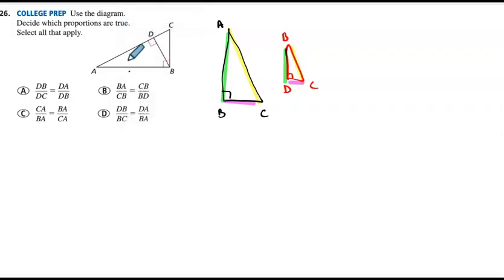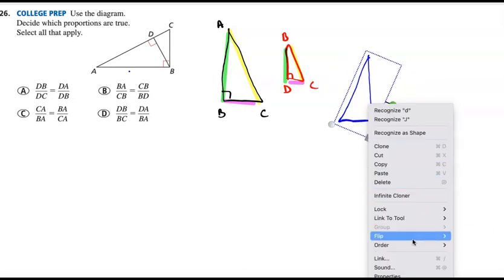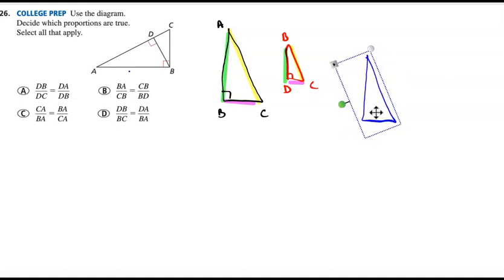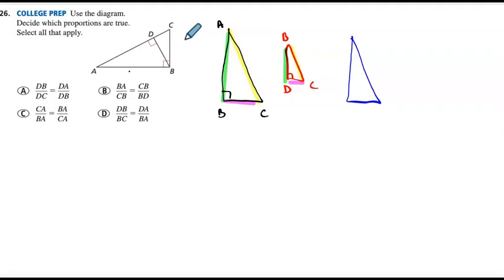the last one here is this one, A, DB. Let me steal this one out of here. And I'm going to rotate this one too. Flip this, that's right. Okay, and if I line that one up, so DA is the longer, and B is the shorter.